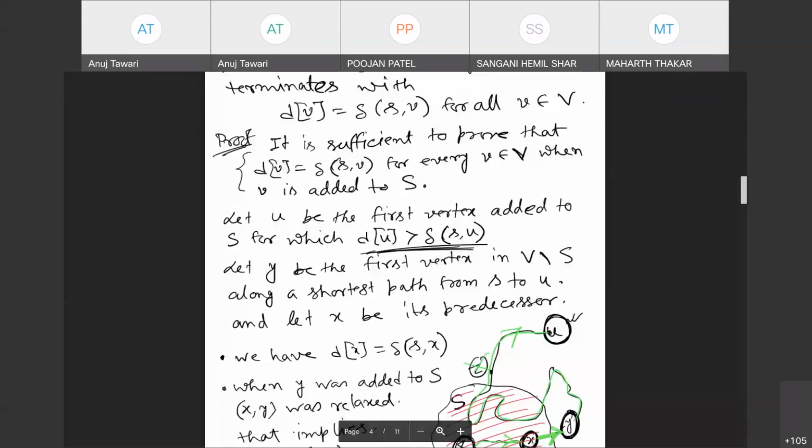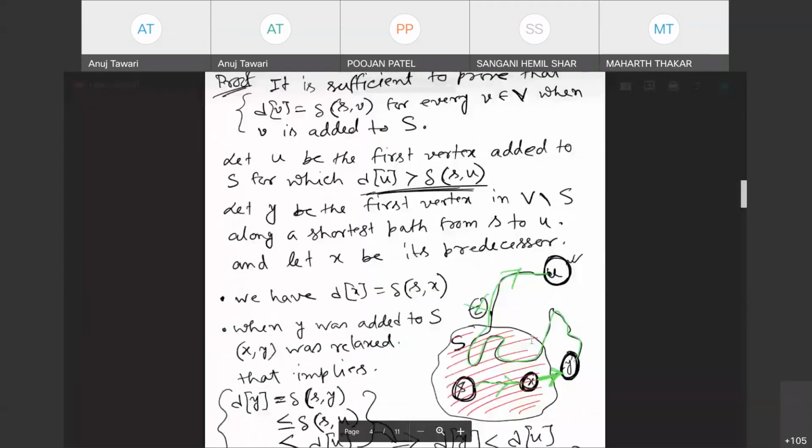Now suppose that we have this path from S to U. It's going through some vertices in S and some vertices in V minus S, coming back to S and finally reaching U. So let Y be the first vertex which is outside S, and X is its predecessor which is inside S. We know that the distance to X is delta SX.